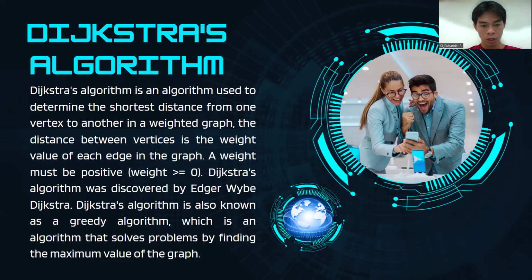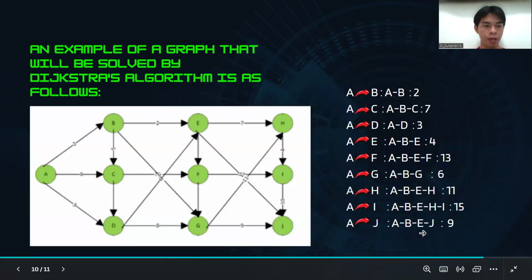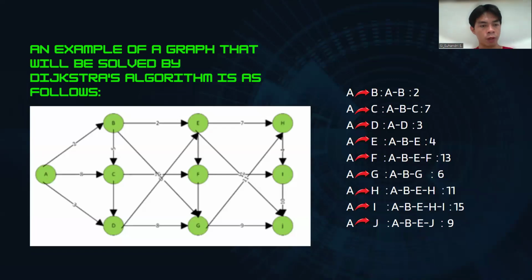The Dijkstra algorithm was discovered by Edsger Dijkstra. It is also known as a greedy algorithm, which solves problems by selecting the best value at each step of the graph. An example of a graph that will be solved by this algorithm is as follows. The steps to determine the shortest distance from A to J using the Dijkstra algorithm are as follows.